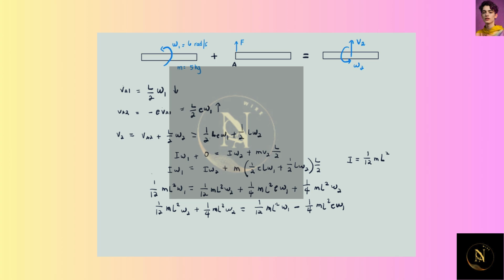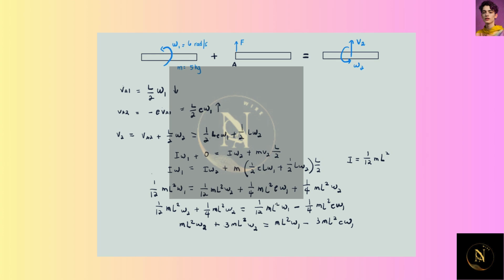Further simplifying, this becomes m L squared omega 2 plus 3 m L squared omega 2 equals m L squared omega 1 minus 3 m L squared e omega 1.